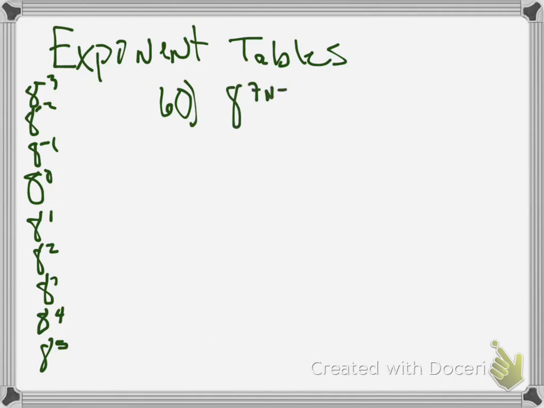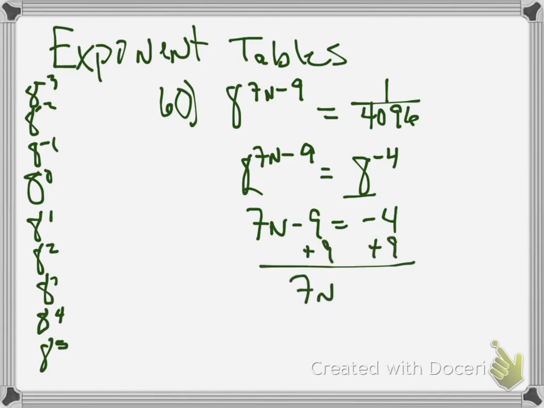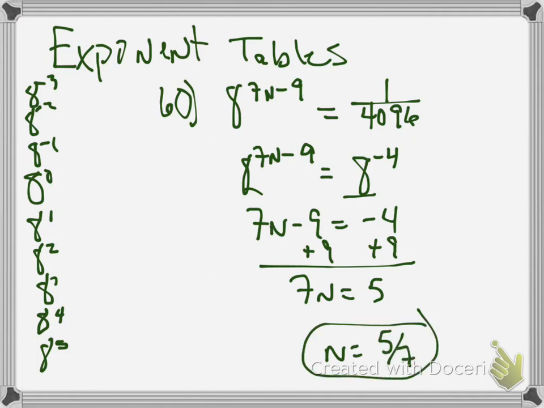That way when you see 1 over 4096, you can tell that is 8 to the negative 4 power. Once both are base 8, you can drop the base and say 7, 9 minus 4 equals negative 4 and then solve. But the key is you have to have an exponent table. The answer there is 5 sevenths.